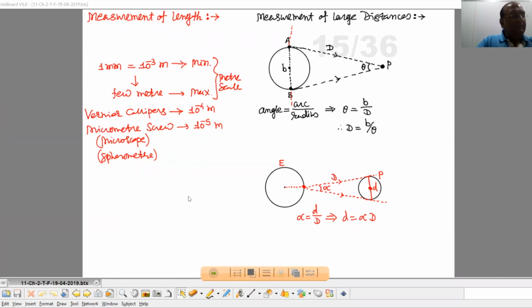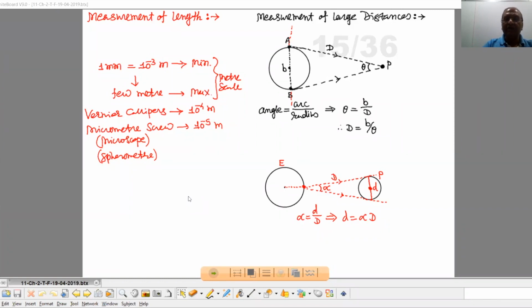Now, parallax means what? If we observe any object from two different positions, suppose we keep a pencil like this, and then observe it with one eye, the right eye, and then with the left eye, then we feel its position changes.